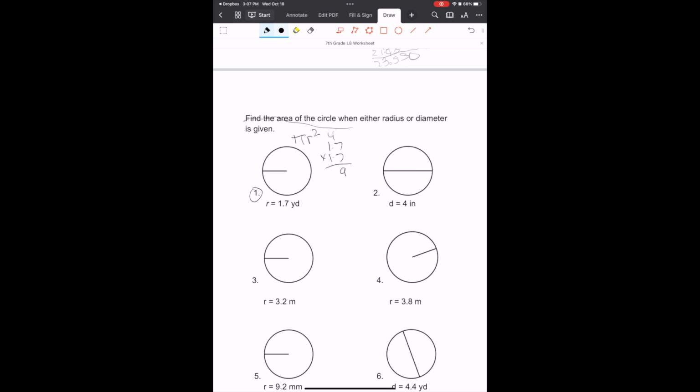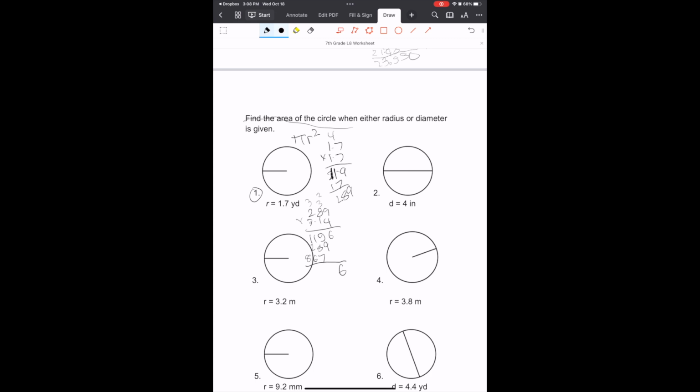9, 4, 7 times 1 is 7. This will be 27, 11. Then 7, 1, 9, 8, 2. So you get 2.89. And then 2.89 times 3.14. 9 times 4, 36. 8 times 4, 32. 4 times 2 is 8.